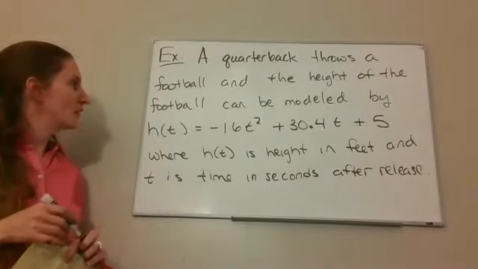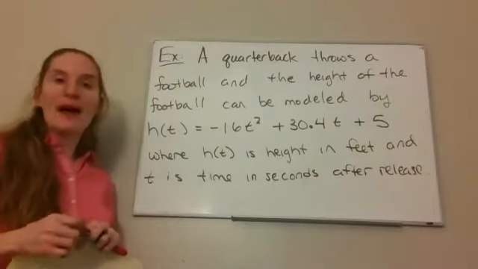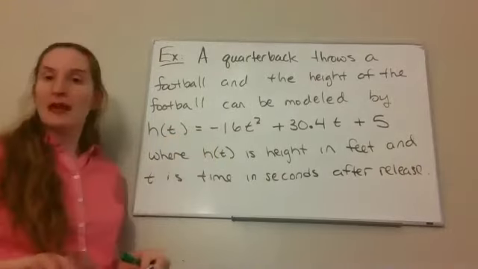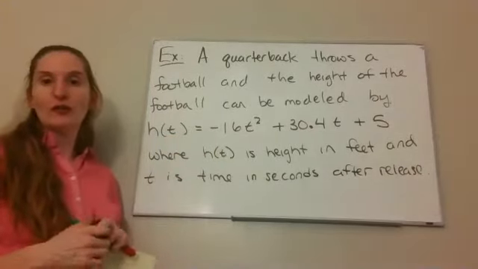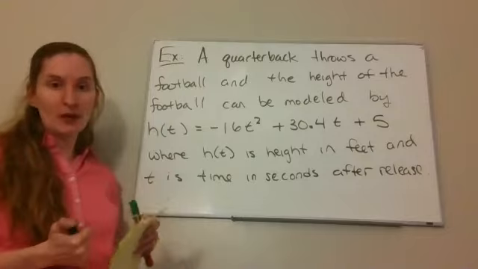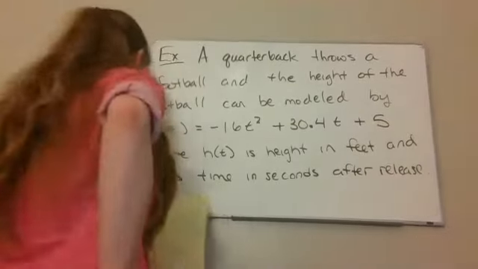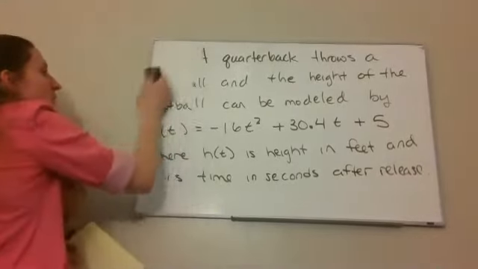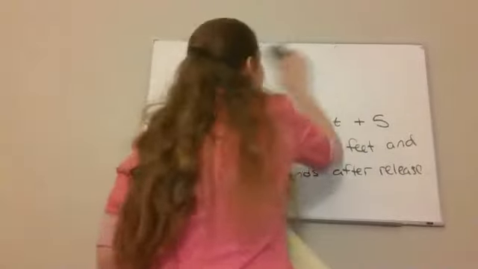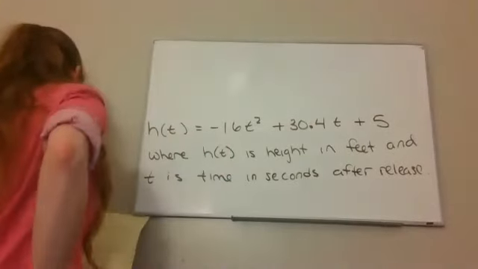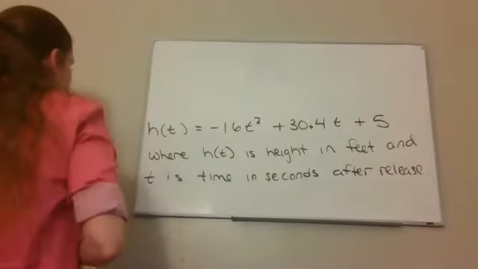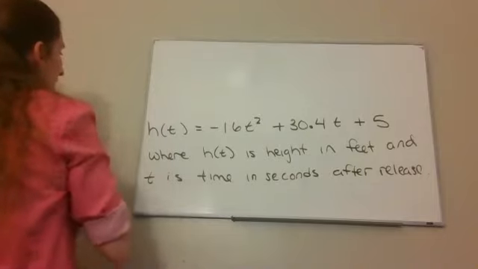So notice that this model for our football path makes a parabola. We have a quadratic curve representing the height of this football. The first thing we're going to answer with this problem is at what time is the ball at maximum height?